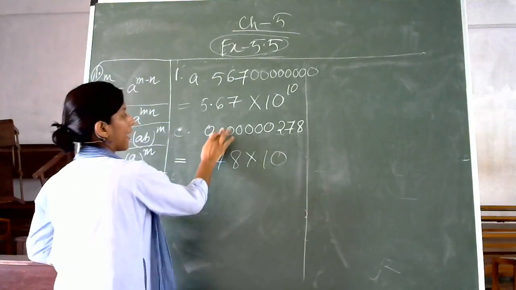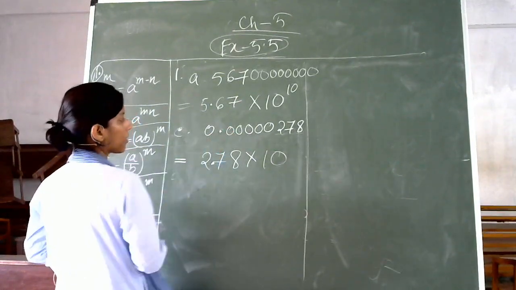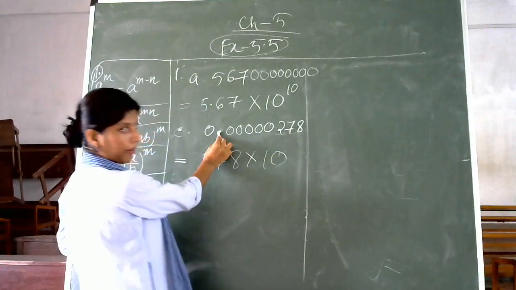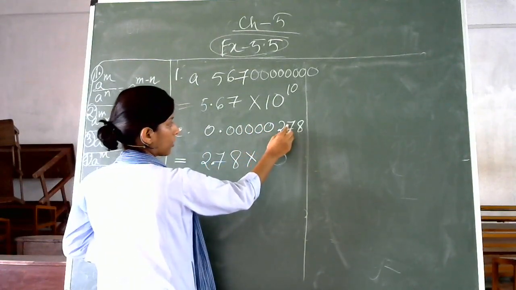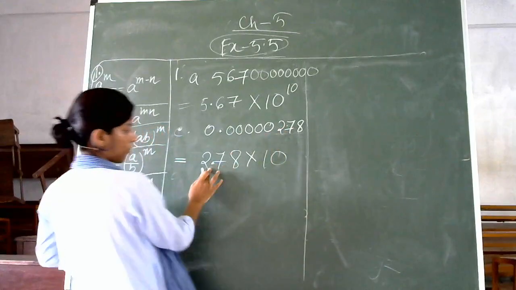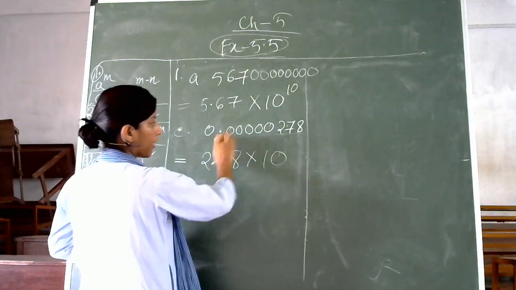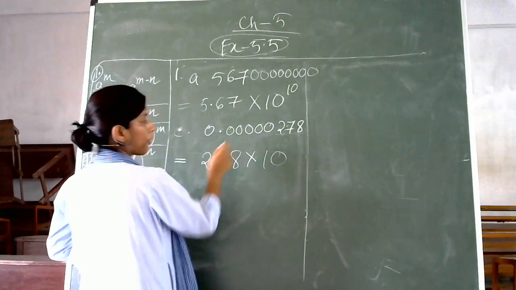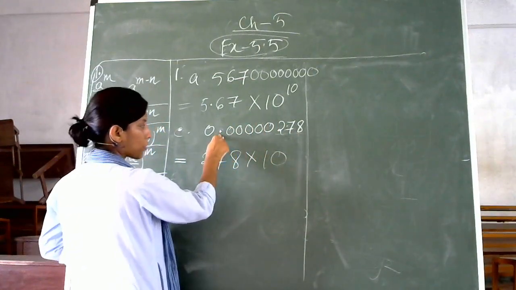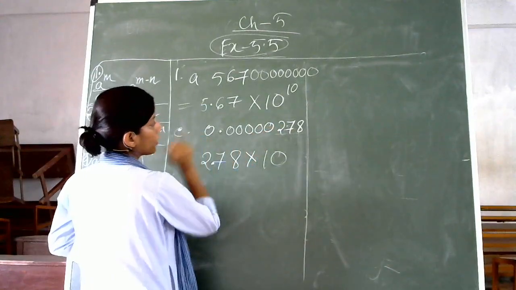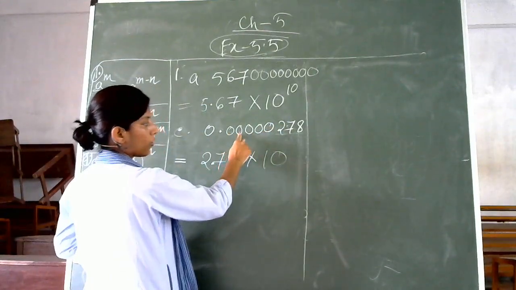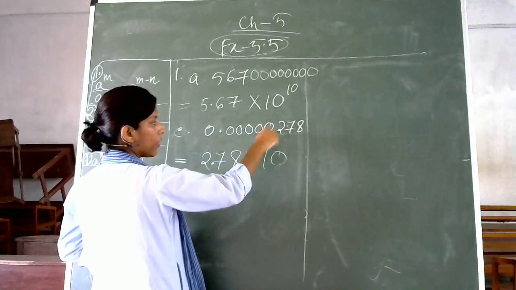Now you see, I already have a point over here, right? And this point, I'm shifting it here, since I'm writing 2.78. So how will you do it? You count the number of digits. If I have to shift this point there, how many digits are there? 1, 2, 3, 4, 5, 6.